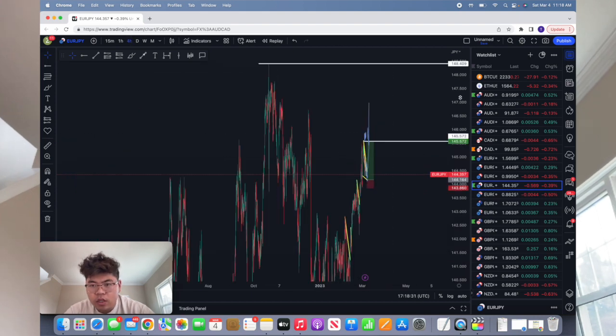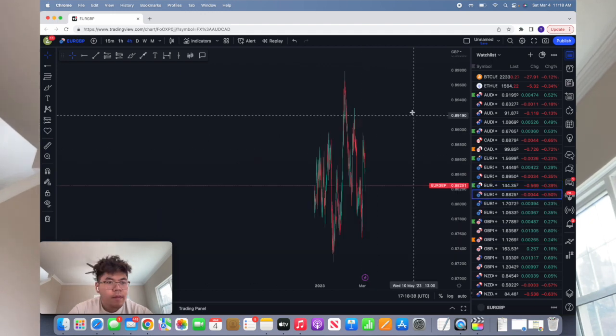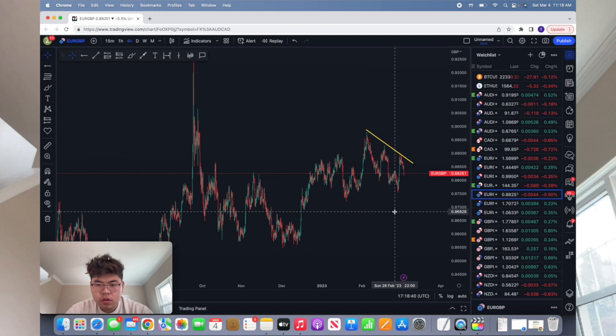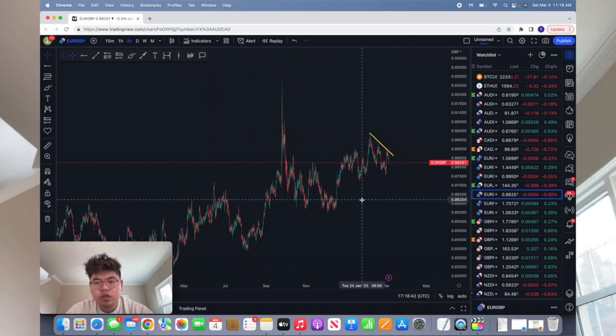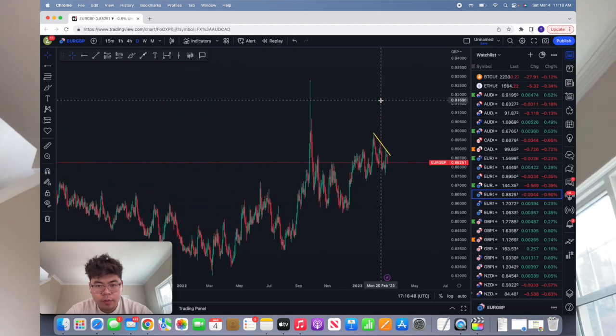We can see a wedge here, a huge wedge. And I'll be looking to take opportunities here. Euro GBP, can't really read it. It's hard to read because of this big wick here.